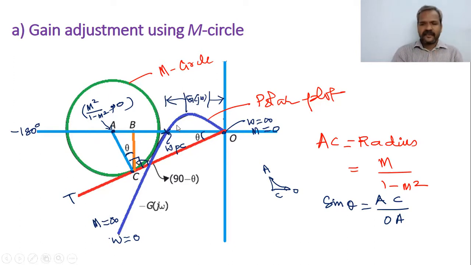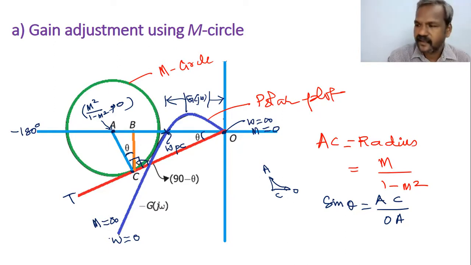The line drawn OT is at an angle of theta on the negative real axis. So that is called theta. I already mentioned sin theta equals AC by OA. AC is the radius of the circle. OA is the distance between the center and the origin.